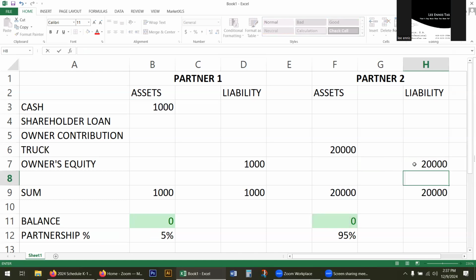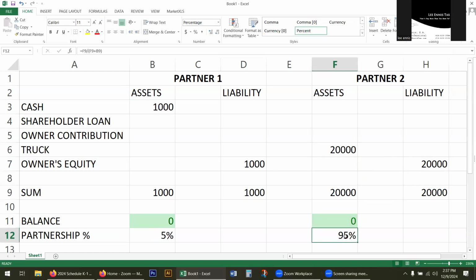Now, here's why this is important. This partner, legally and fairly, you want to be fair and just about this, owns 95% of the partnership, of the capital. Does that necessarily mean that they are now going to be given 95% of the profit and 95% of the losses?